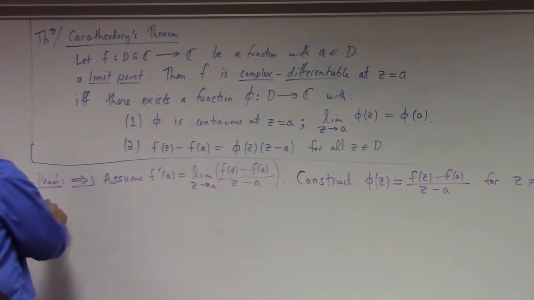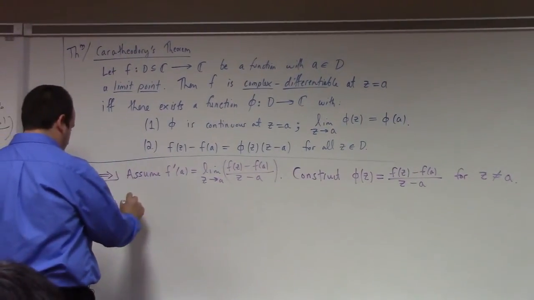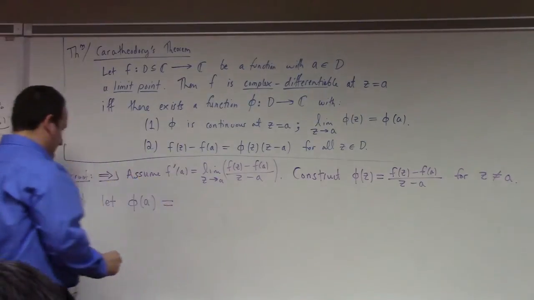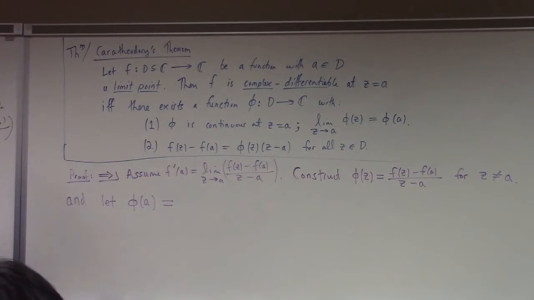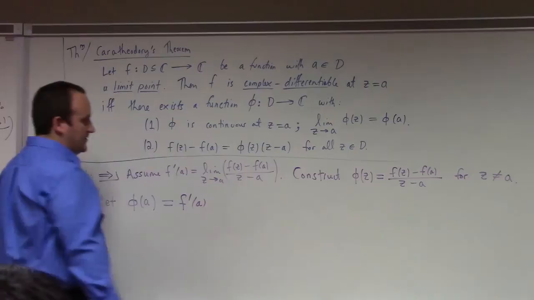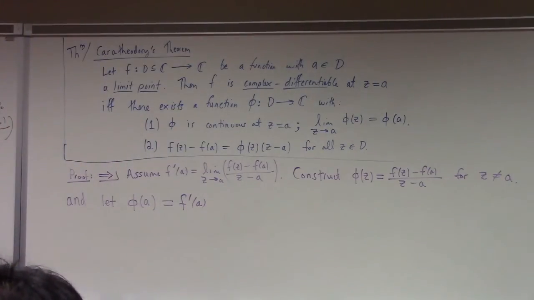And let phi of a equal to what? I'm assuming it exists. It's within my power. I just use f prime of a, right? That's the value of phi at a. That's my construction of phi.